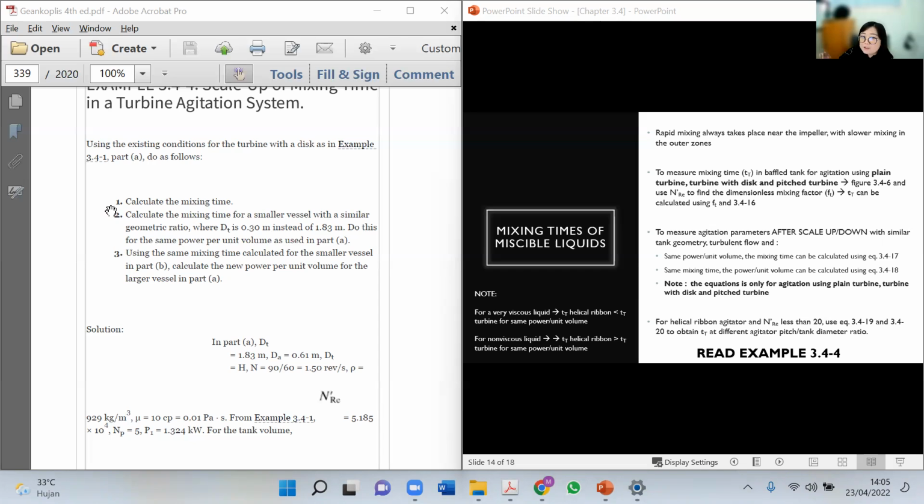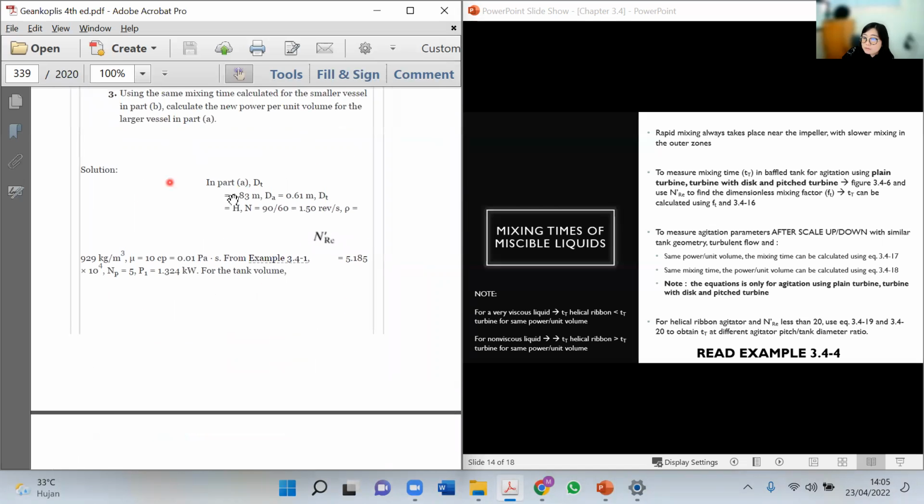Meanwhile, using the mixing time found in the second point, we are asked to calculate the new power per unit volume for the larger vessel if we scale it up. So we go to part A first.